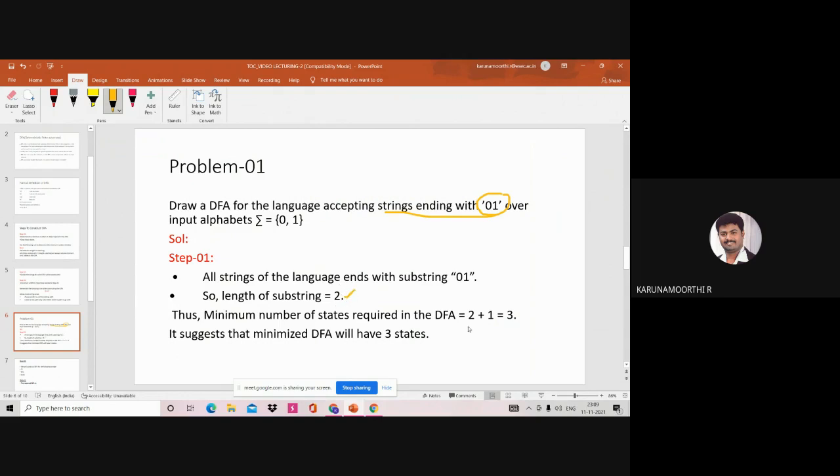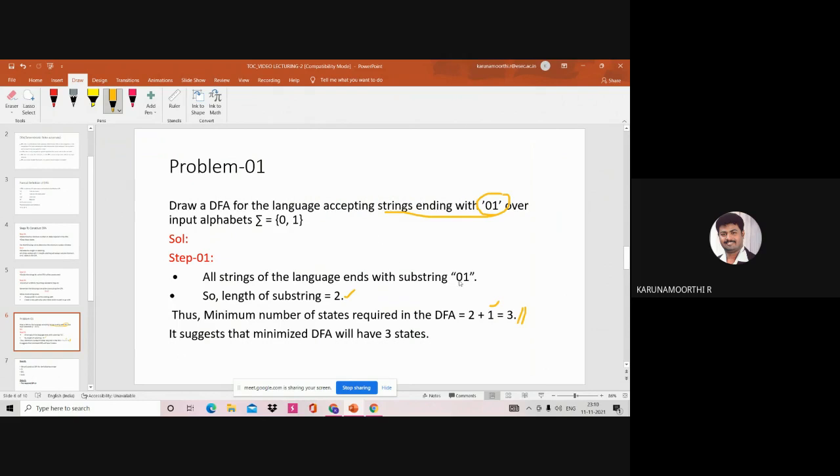Along with this 2, you have to add 1, so totally you need 3 states to construct this DFA. Why? Because my substring length is 2, and according to that you add one more. So totally 3 states are required to construct the DFA.